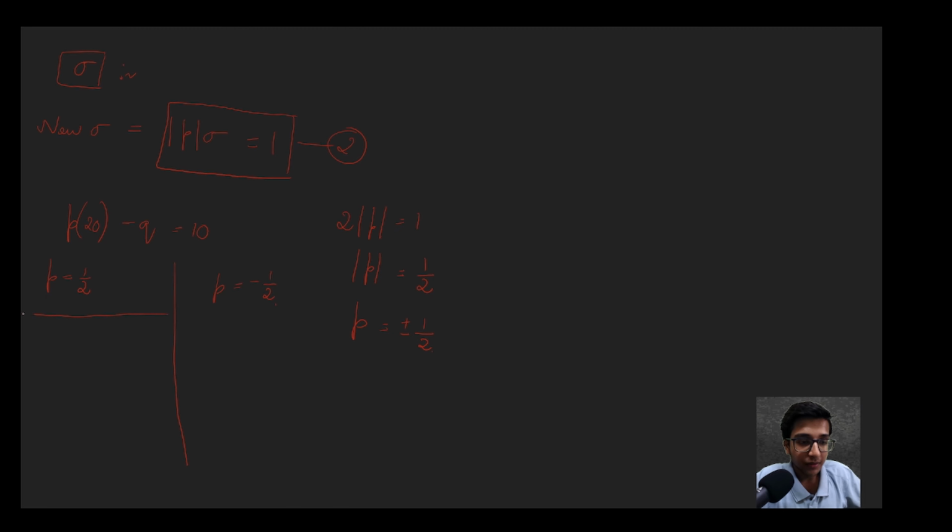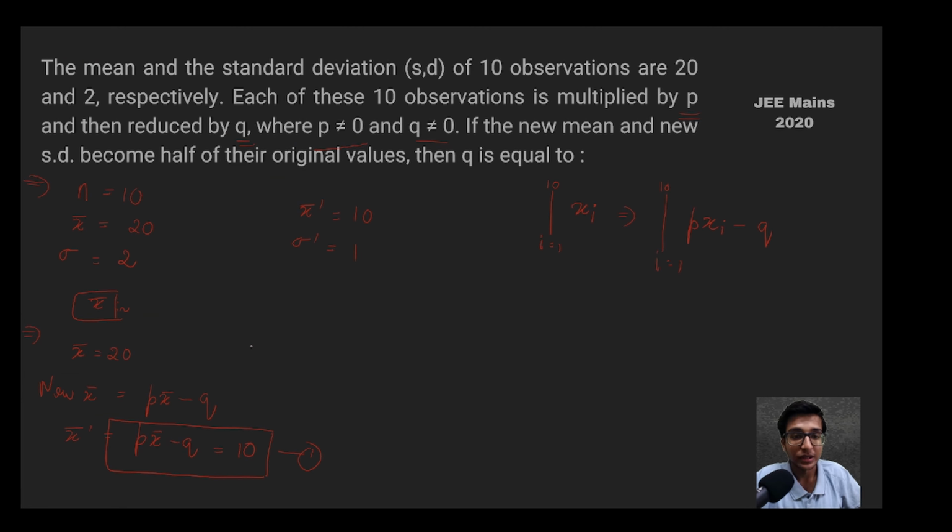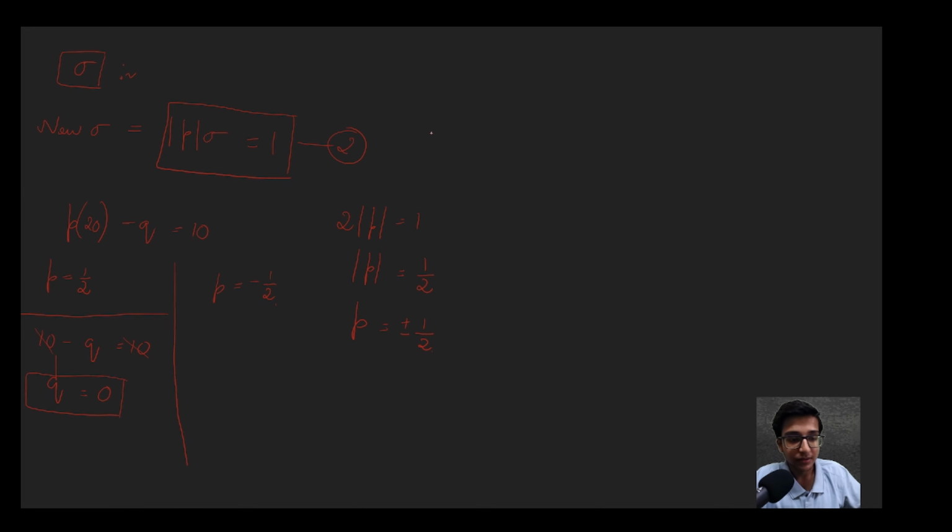So p is half, so this would become 10 minus q, which is equal to 10. 10 and 10 would get cancelled and q would turn out to be 0. Wait, this is completely opposite to what was given in the question. The question had mentioned that q is not equal to 0. That means we cannot take this value of q to be our answer, so this gets rejected.